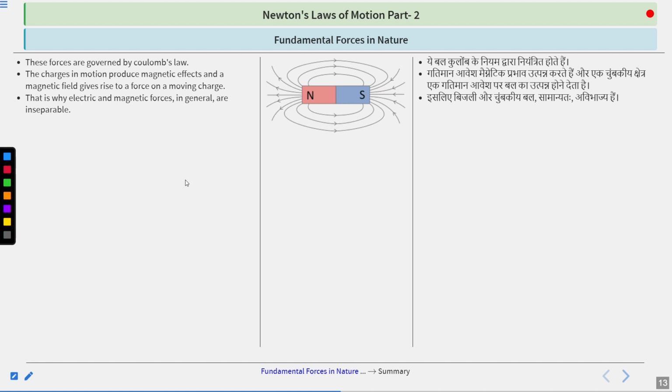Whenever there is magnetism, electricity would be there. Whenever there is electricity, magnetism would be there. Why? Because in electricity the charge is in motion, and when the charge is in motion, it automatically generates a magnetic effect. Hence the name electromagnetic force. It comprises electricity as well as magnetism.